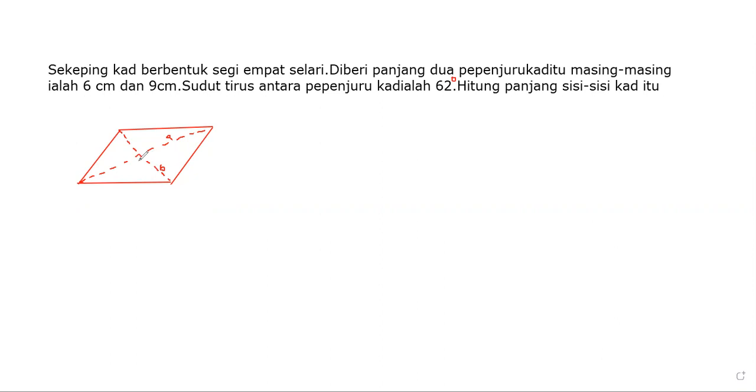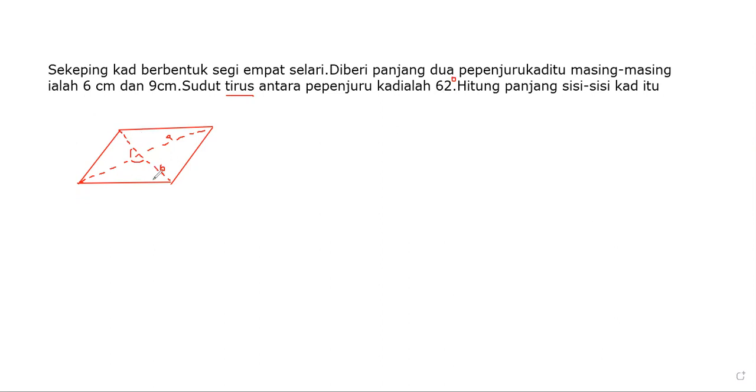It could be this angle, or it could also mean the other angle, which is this one. So which one does it refer to? You have to figure out which is the smaller one, because here they say that it is the sudut tirus. So one of the angles will be 62.